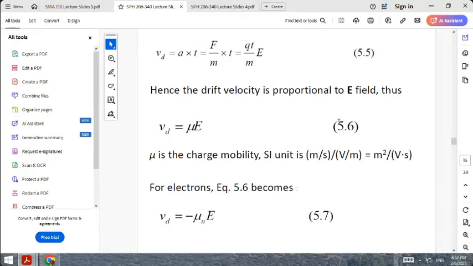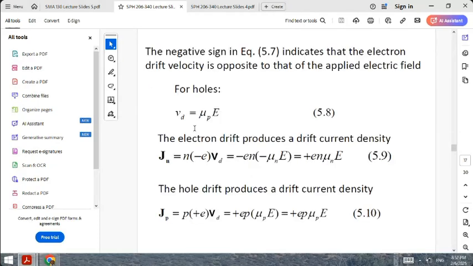For the same equation 5.6, for holes the charge mobility will be mu p; for electrons we call it mu n and bring in the negative sign. So for holes, the drift velocity will be mu p E, which we have here as 5.8.